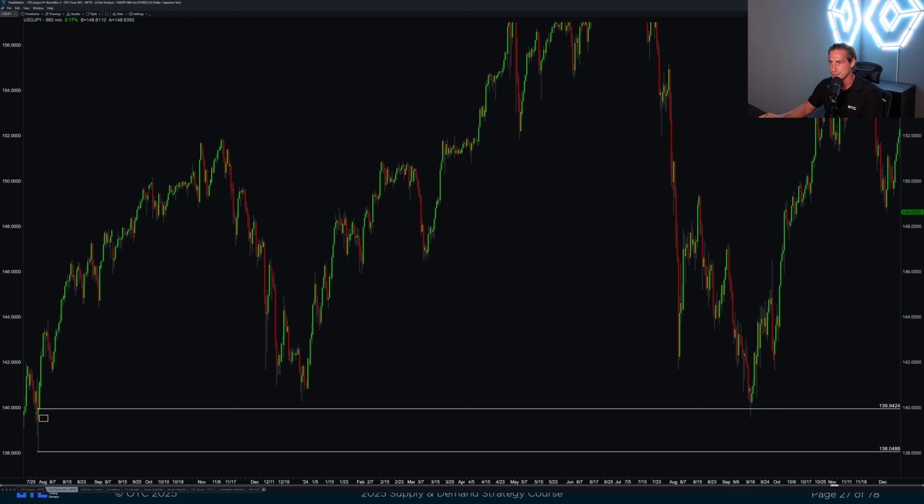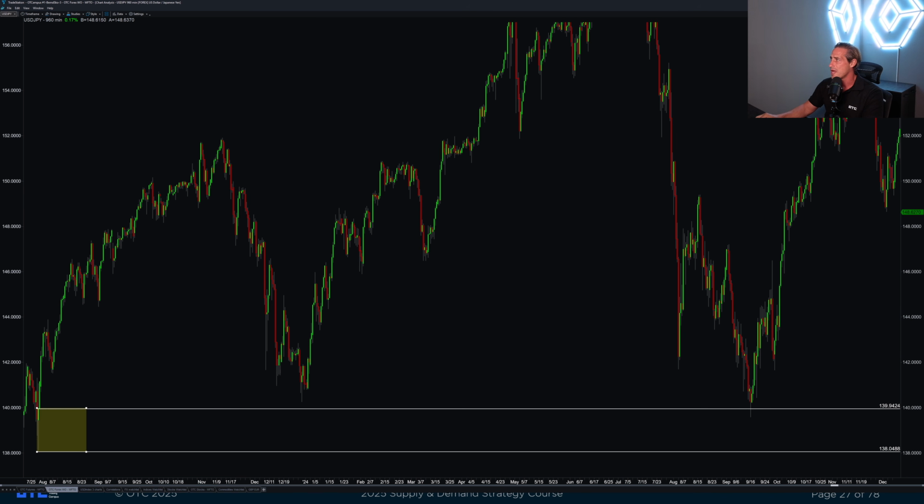This is the original zone. The drop, the base, and the rally, clear structure. Now, you see, the first time price came in, it barely touched the wider version, but look what happens next.